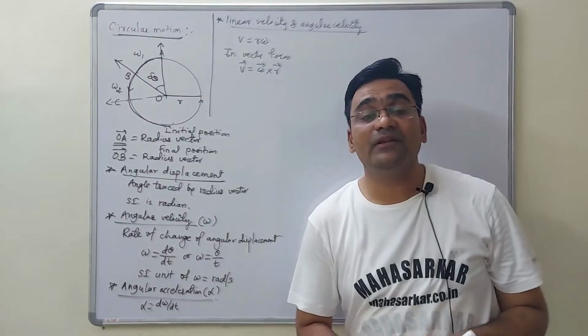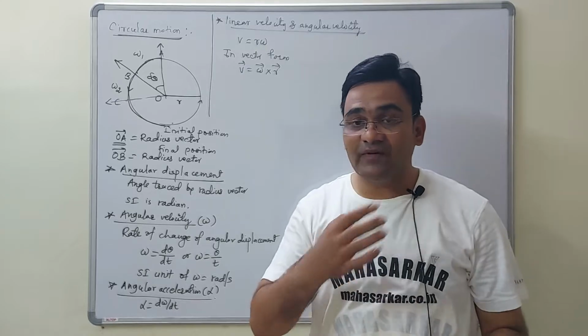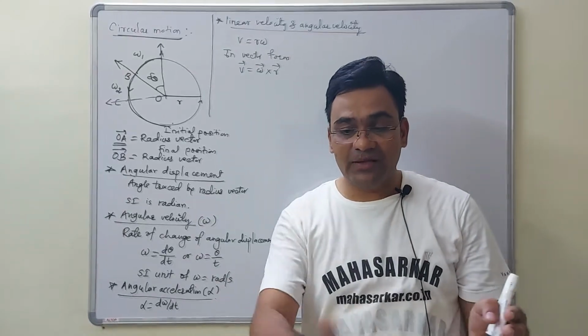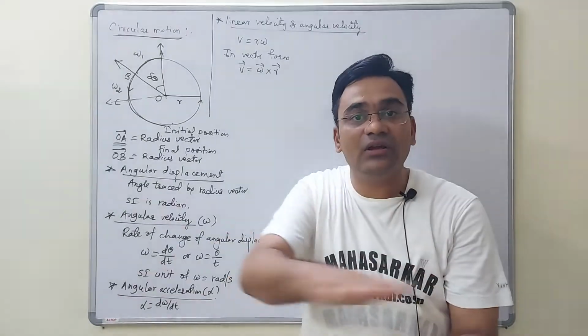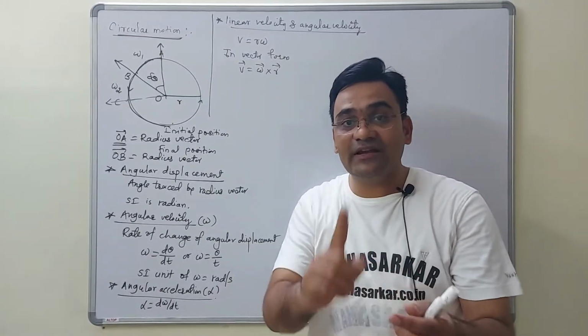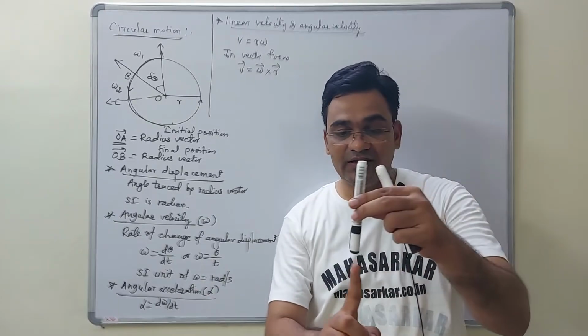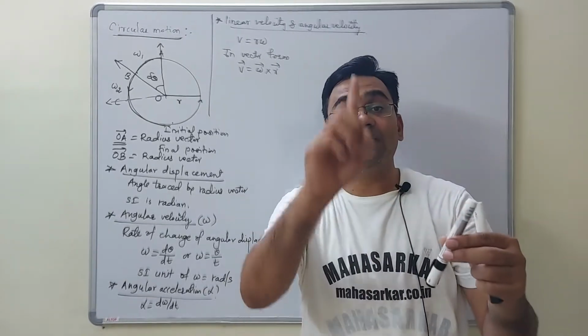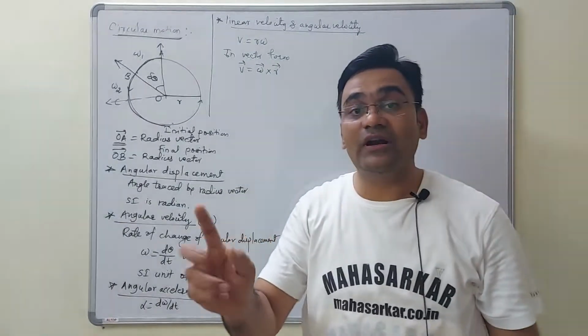Remember, everywhere in circular motion, consider the direction of the angular displacement vector. If I have a wheel of a cycle and I am rotating it with the cycle lying horizontal on the earth surface, then the direction of the axle will be upward. That direction can be found out by using the right hand rule or right hand screw rule.